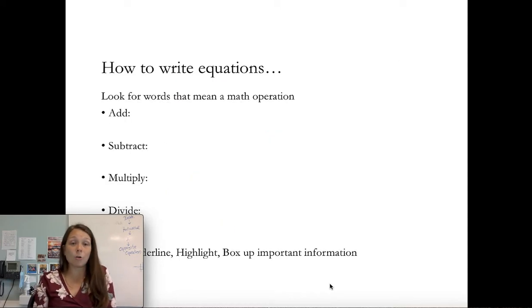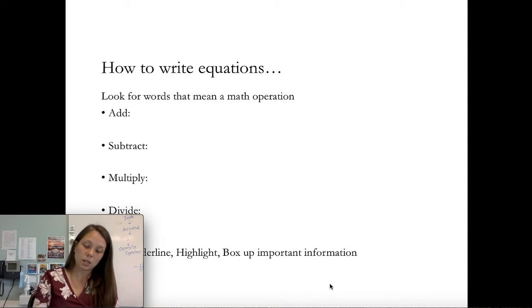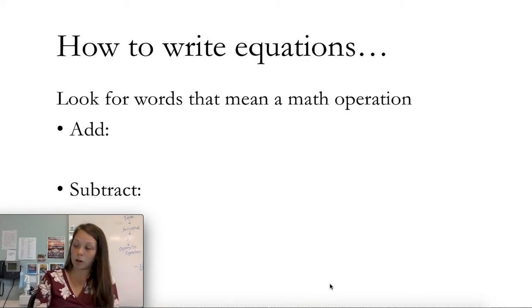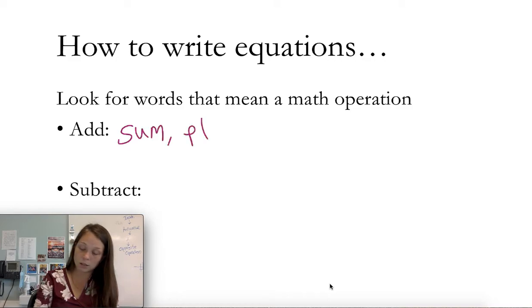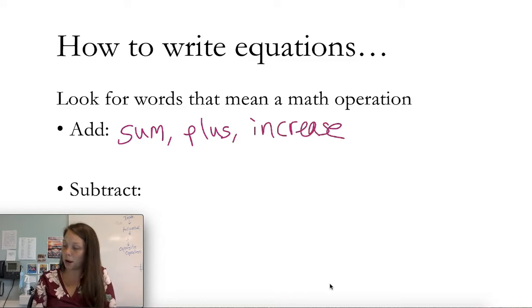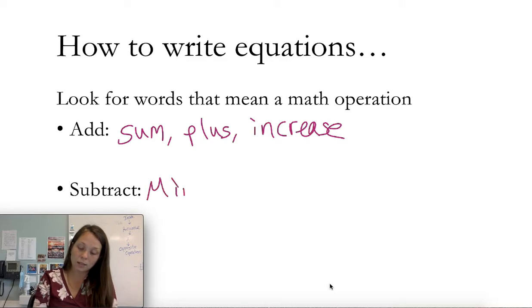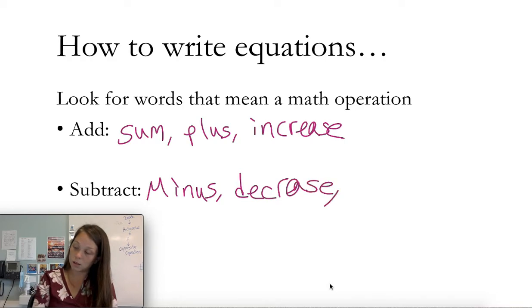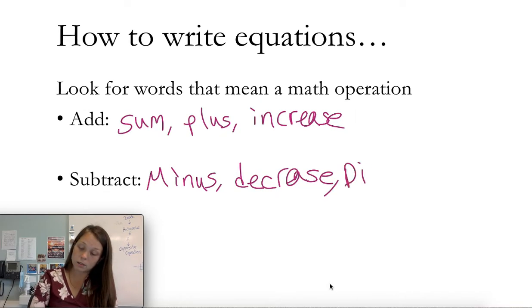Now let's get into how to write equations. So we want to think about what are words that mean the following math operations. So words that mean addition for us are things like sum, plus, or increase. Some words that mean subtraction are minus, decrease, difference.